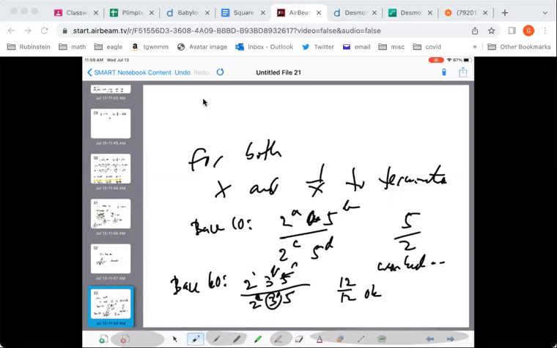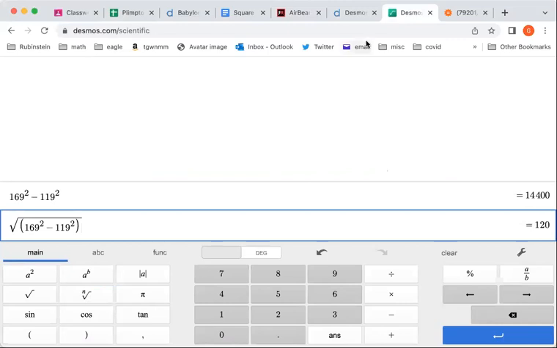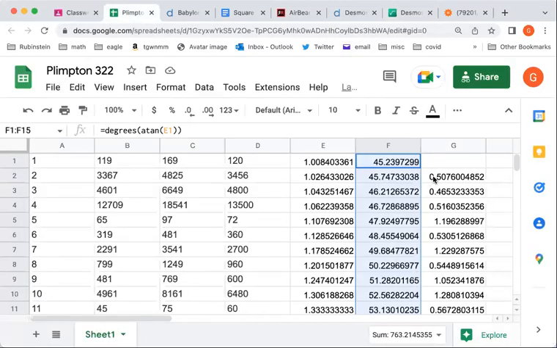And that's a mystery of how they would have picked their x's. They only picked x's where the numerator and denominator were terminating decimals in their base 60. Now the order, it does seem that the order was maybe made so that the ratio got bigger.